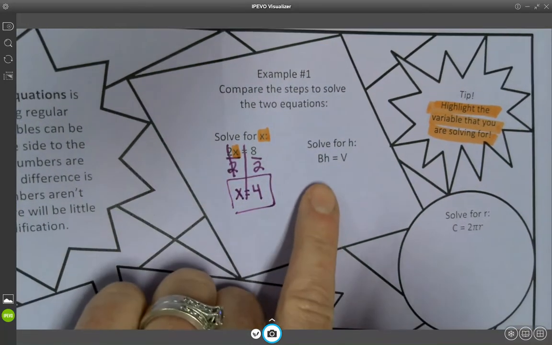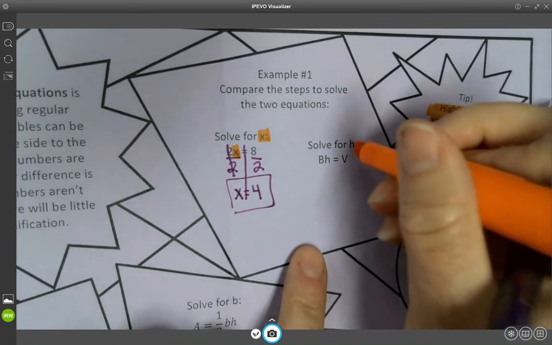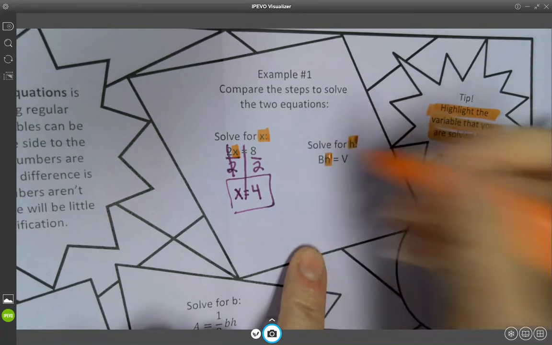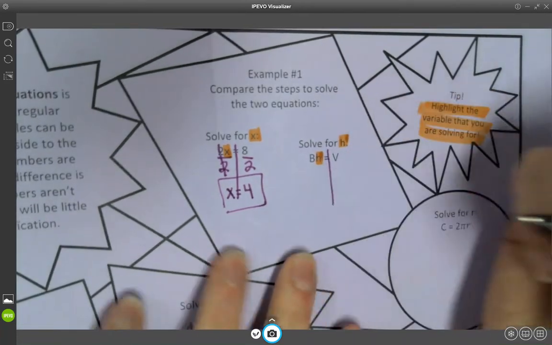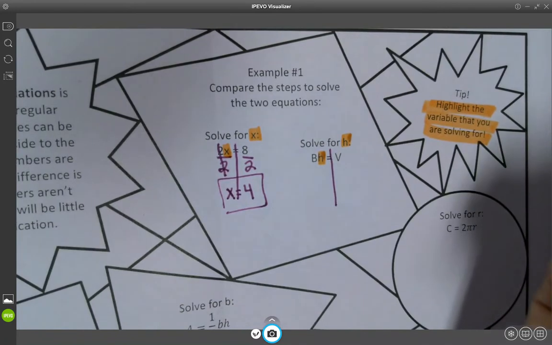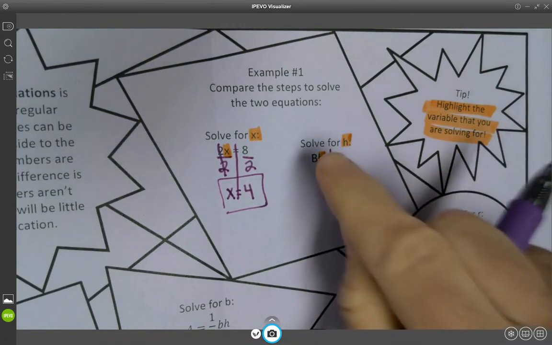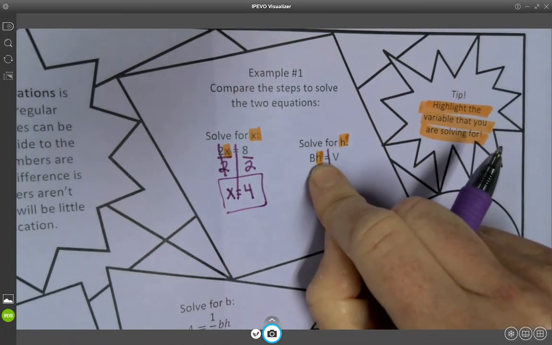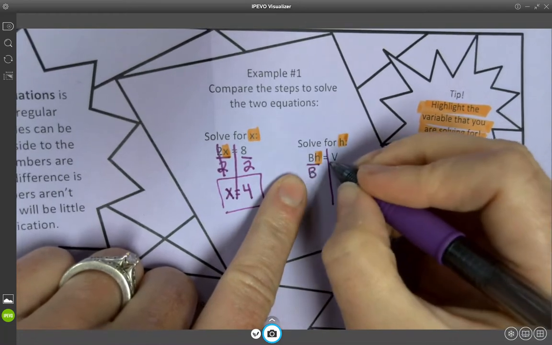Now we're going to look at it where every term is a variable. We're going to solve for h now. Same process. Draw your line down your equal sign, and look at what is happening to the variable in question, which is h. It's being multiplied by b. So the opposite of multiplying by b is dividing both sides by b.